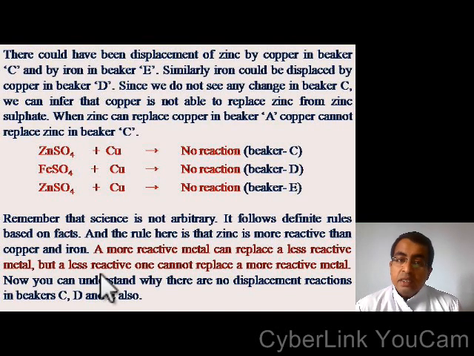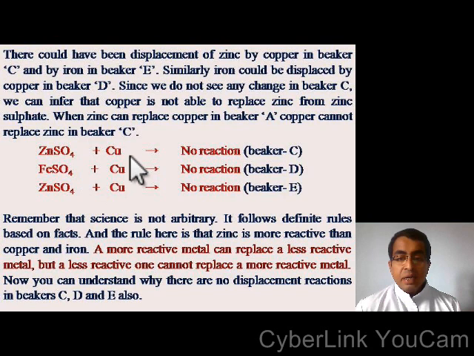When zinc can replace copper in beaker A, copper cannot replace zinc in beaker C. So in beakers C, D and E there is no reaction taking place.